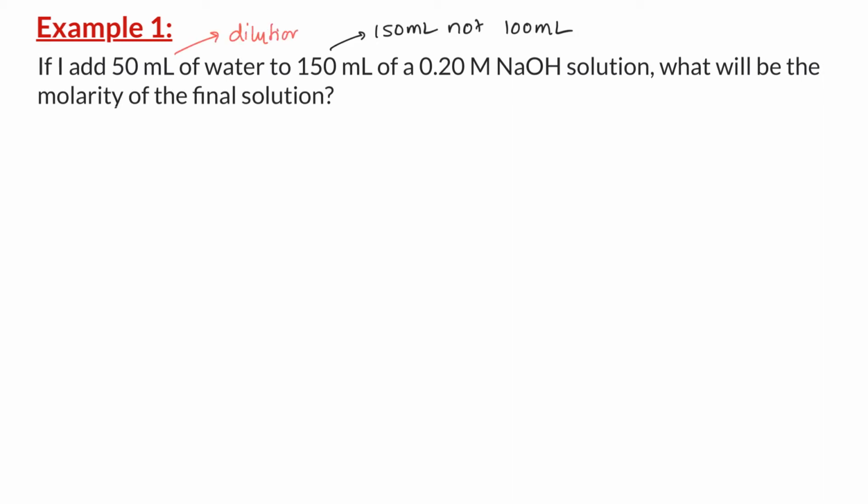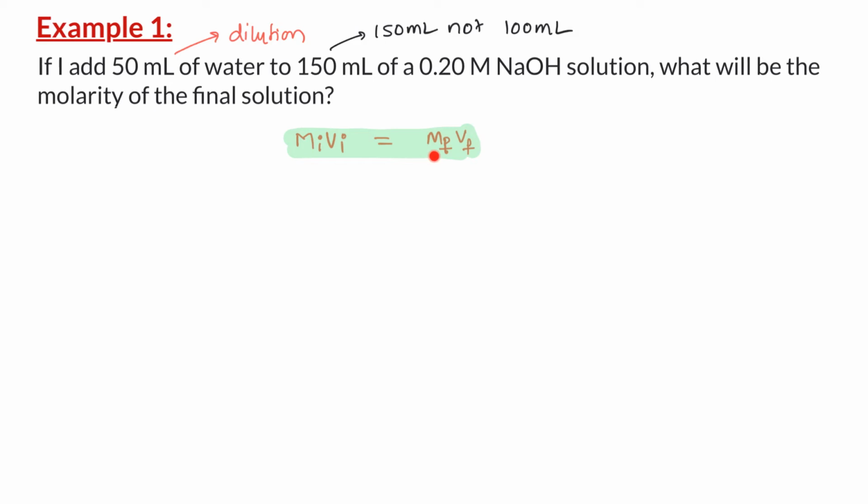So let us write down the formula for dilution and understand again what each term in the formula means. M initial times V initial is equal to M final times V final, where M initial is the molarity of the solution before dilution and V initial is the volume of solution before dilution.